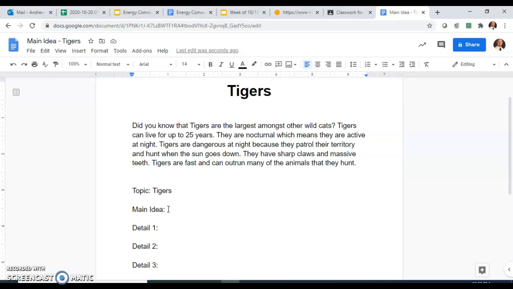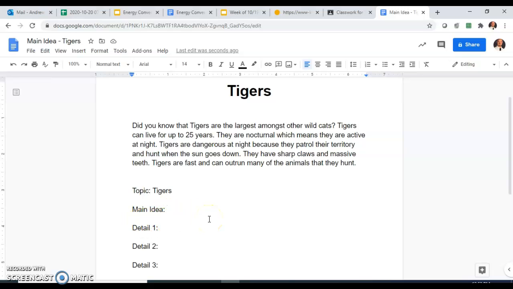So if I analyze and sit back and reread the text, I think what most of this text is talking about is how tigers make good predators. And if I can't find 3 details to support that main idea, then I know I didn't choose the right one.